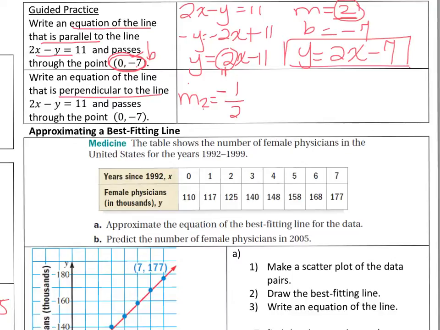The 2 just represents the second line I'm looking for. Okay? And here I can say 2 is m1, the slope of the first line. And then again, (0, negative 7) is already the y-intercept. So y equals negative half x minus 7.